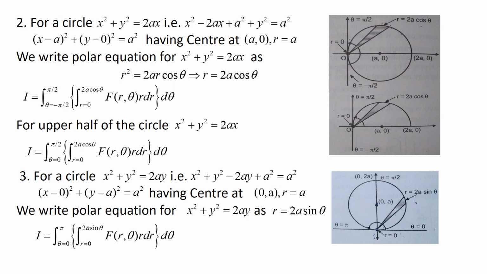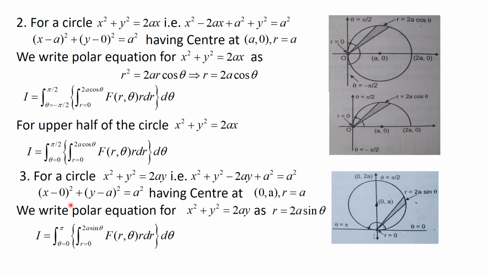The same we can write in polar form, replacing x square plus y square with r square, and y equal to r sin theta, and hence cancelling the term r gives the relation r is equal to 2a sin theta.